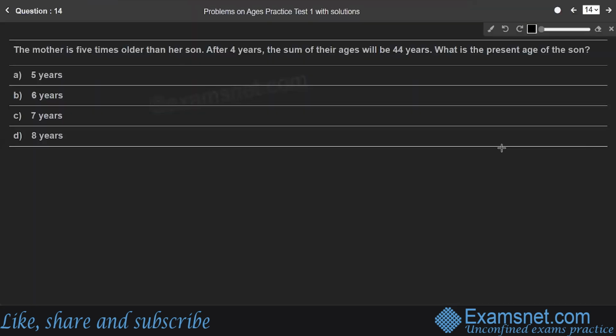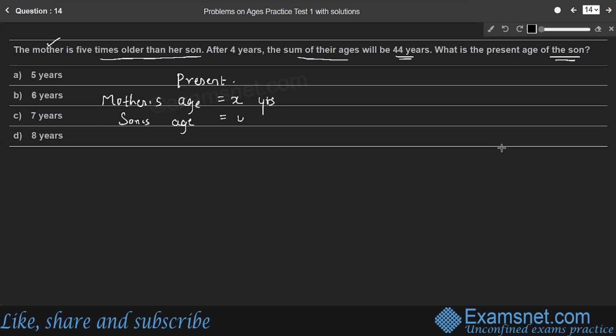Question 14. The mother is 5 times older than her son. After 4 years, the sum of their ages will be 44 years. What is the present age of the son? So students will consider mother's present age as X, her son's age as Y. So at present, mother's age is X years and her son's age is Y years.